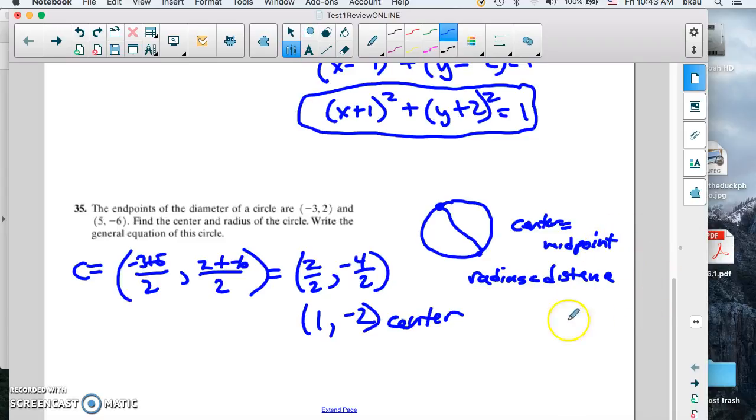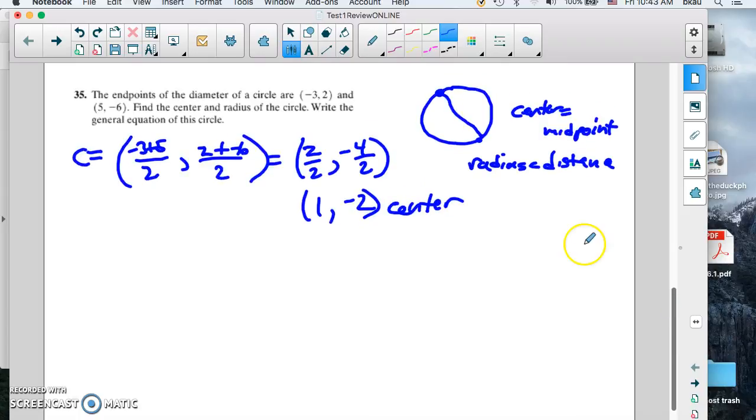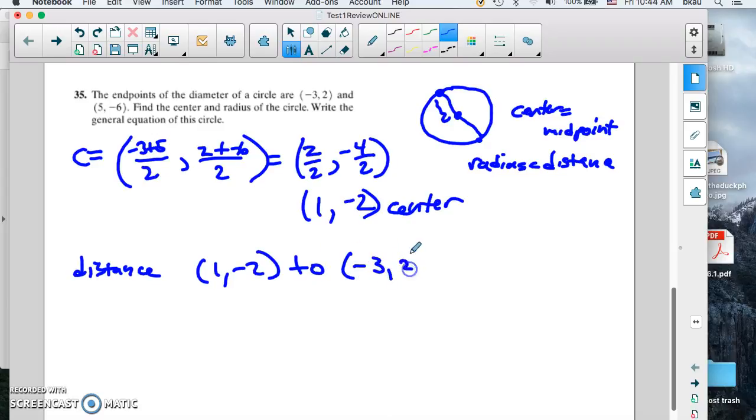All right, and then the radius, I'm going to use the center, since I've found it at this point in the graph, I'm just going to do from one point to the center. So I'm going to take the distance from (1, -2) to (-3, 2), which is our first point on the diameter.